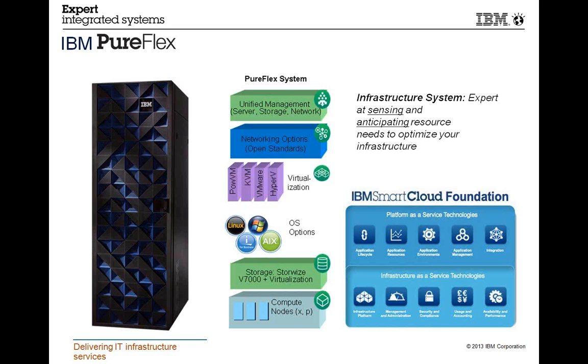When you're able to take the hardware layer, which is networking, server, and storage, put a virtualization layer across each of these stacks, and put a cloud layer on top, with the IBM SmartCloud Foundations, you end up getting a completely virtualized, cloud-ready infrastructure.